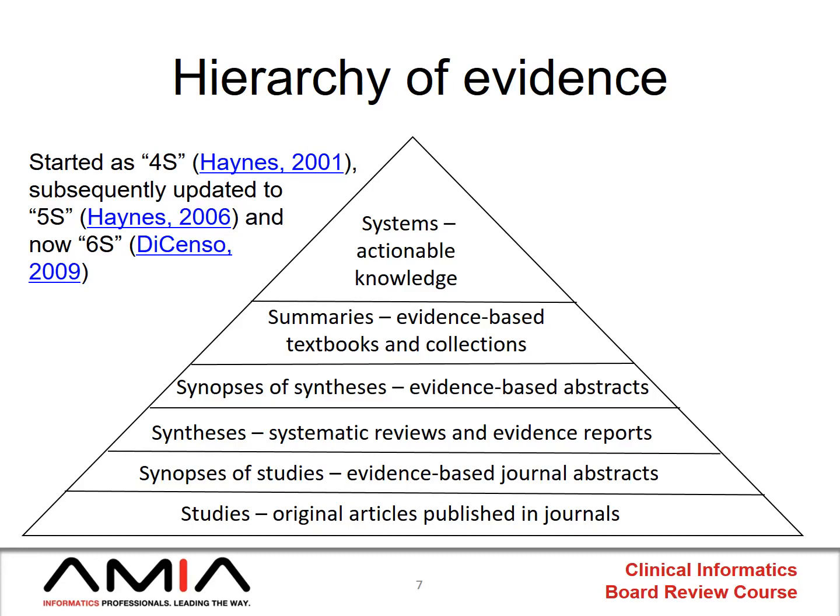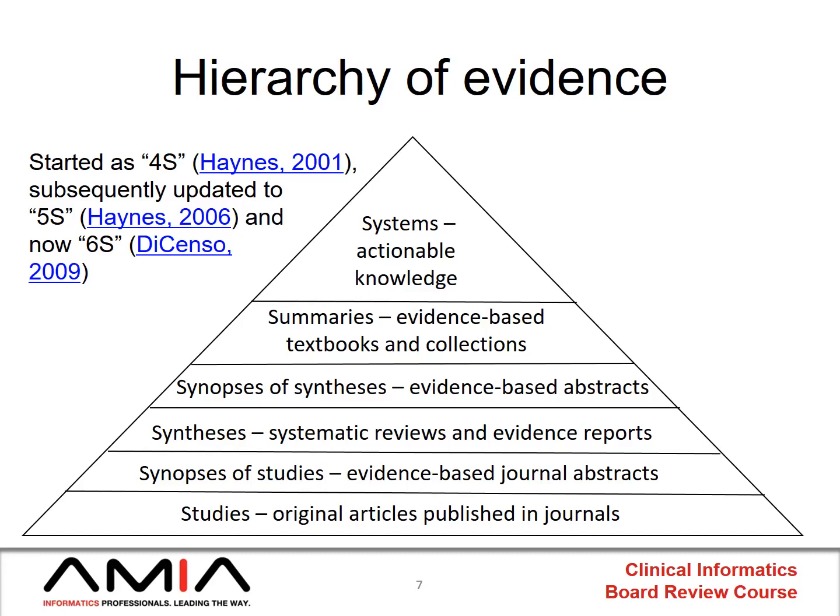The most common approach to doing this is called a systematic review, where there's a systematic process of gathering and refining the evidence that comes from the original studies. These are called syntheses or systematic reviews, sometimes called evidence reports. And of course, there may be synopses of these as well.